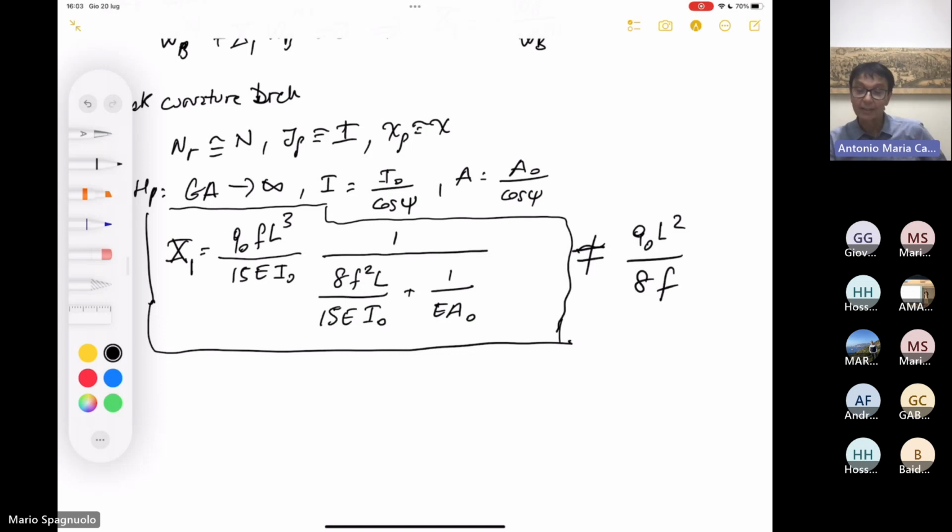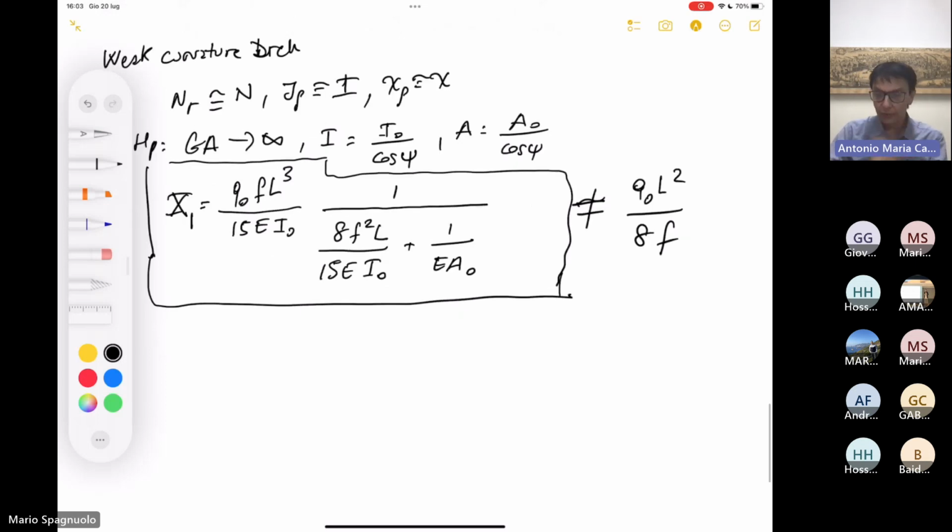In this case, the term 1 over EA0 goes to 0, and you will find that x1 is equal to Q0 L squared over 8F exactly, and so the axis line is a funicular curve. While if there is an axial deformability of the axis line, this is not true.